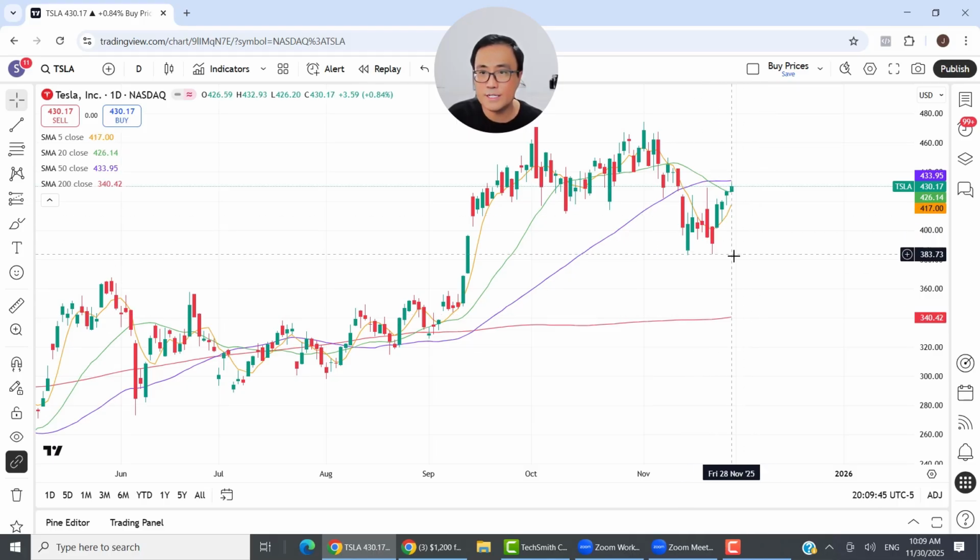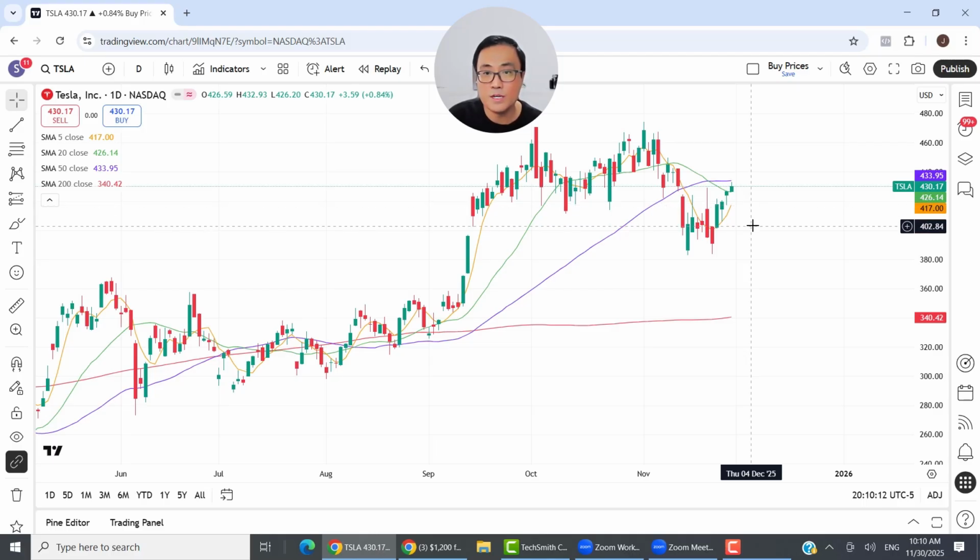The price right now for Tesla is currently $430. If I want to start dollar cost averaging for the long term, then maybe I can wait for prices to pull back towards the 200. So instead of buying at 430, I can target lower buy prices at the 5, buy a tiny portion there.